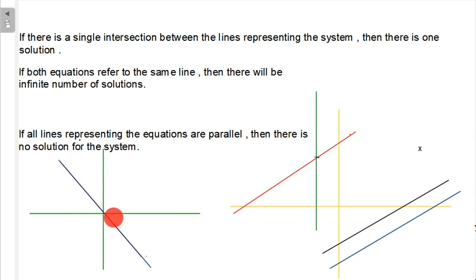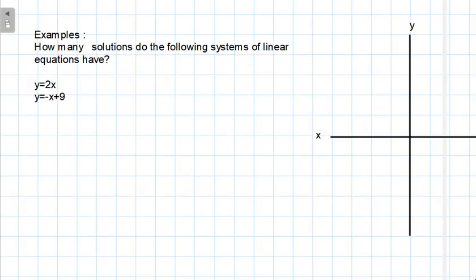And in this one here, when all the equations represent the same line, then there are an infinite number of solutions, because they are identical actually. Let's see some examples. Now, how do we decide how many solutions there are in a system of linear equations?